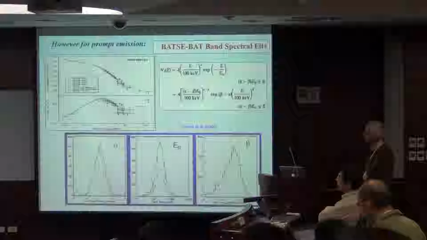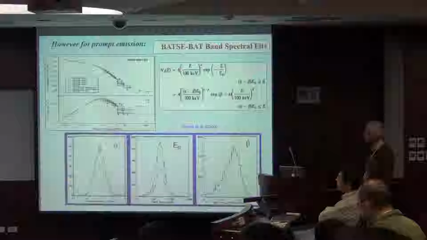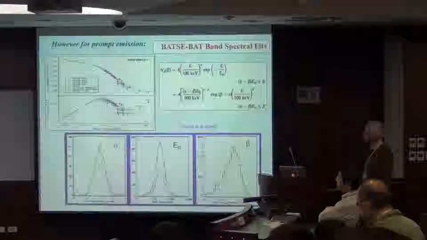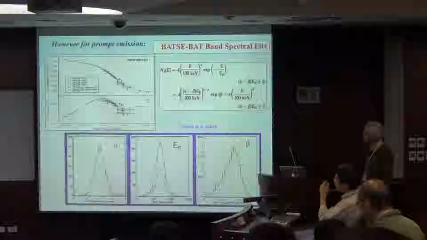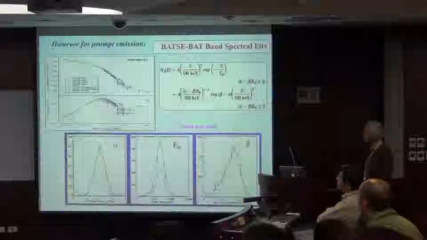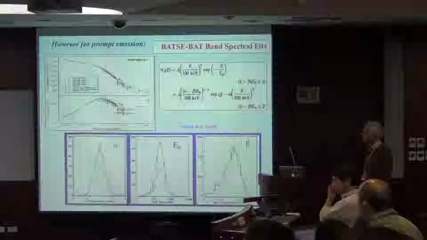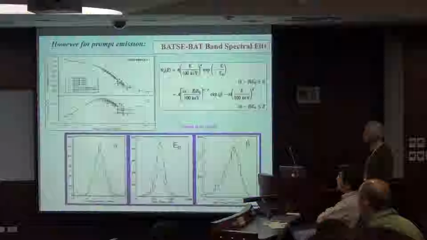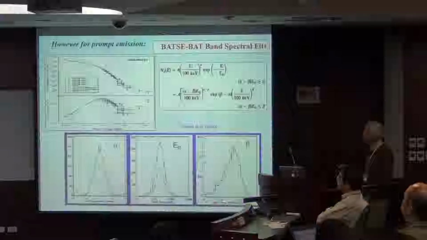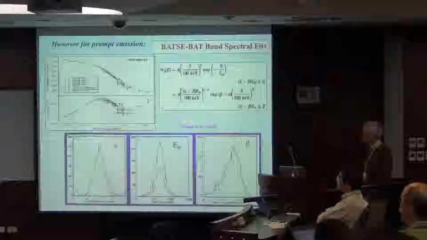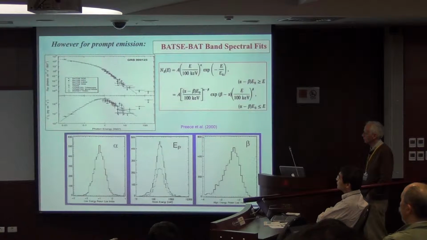In photon number per energy, you call these slopes alpha and beta, and it's fitted by the so-called Band function. Above the break is the beta slope. The indices have a distribution: alpha has a distribution, beta has a distribution, and the break energy has a distribution.